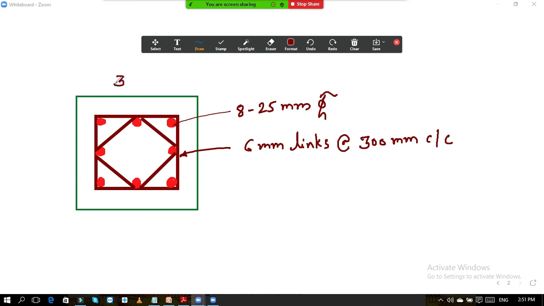Then this dimension is 300 mm. Sorry, it is not 300, I think it is 500. This dimension is 500 mm. This dimension is also given as 500 mm. So we will show these dimensions. This is 500 from this point, and this is also 500. So this is the reinforcement details for the column.